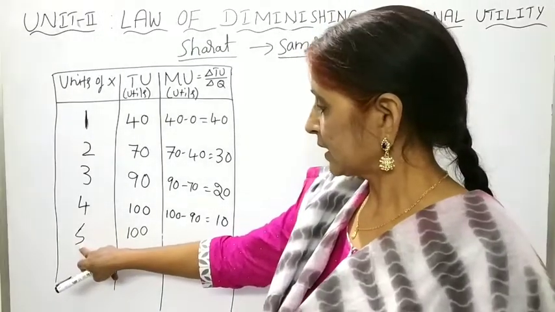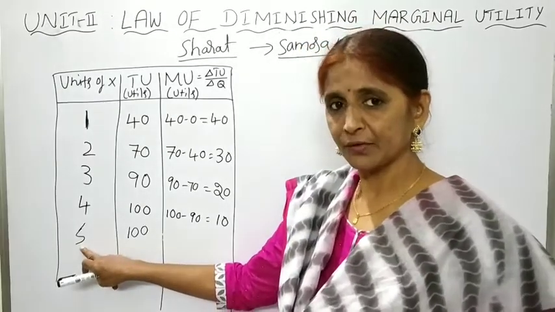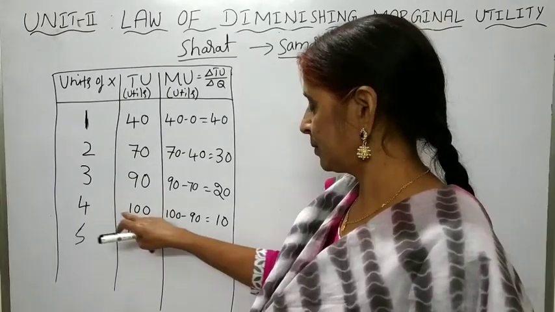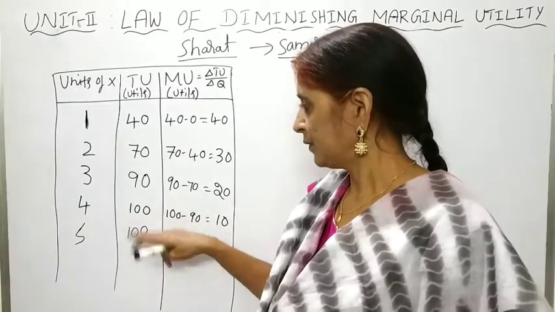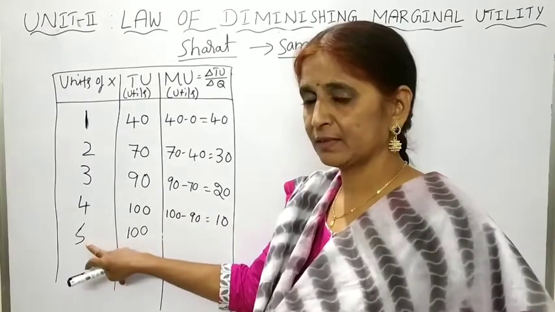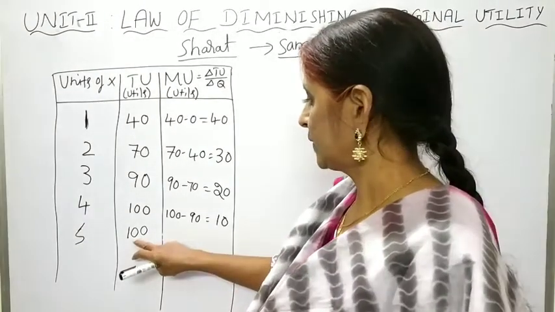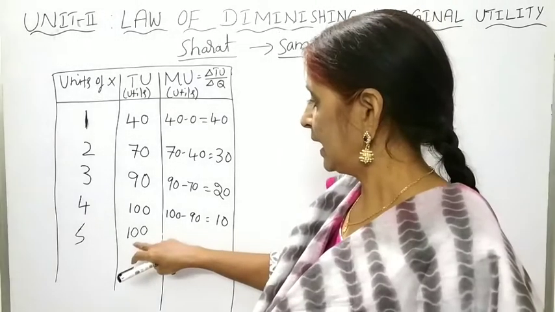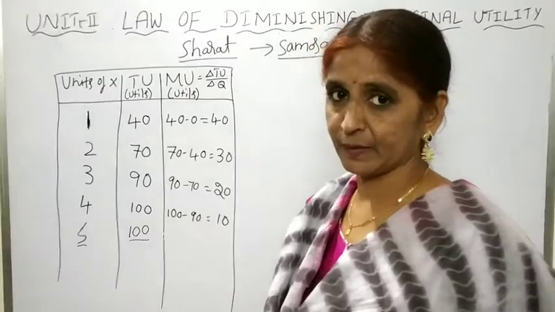That is, the total utility derived by Sharath by consuming 5 samosas is 100 utils. By consuming 4 samosas also, total utility will be the same. Okay, there is no increase. So at the 5th samosa, the total utility will become maximum.